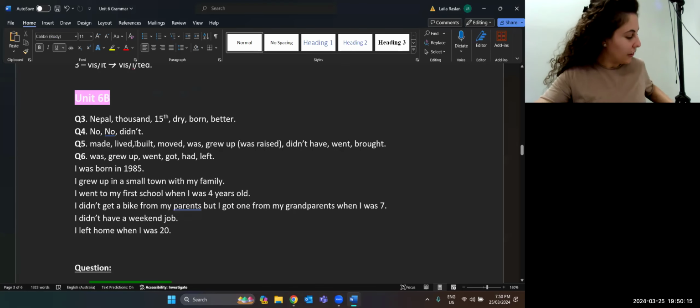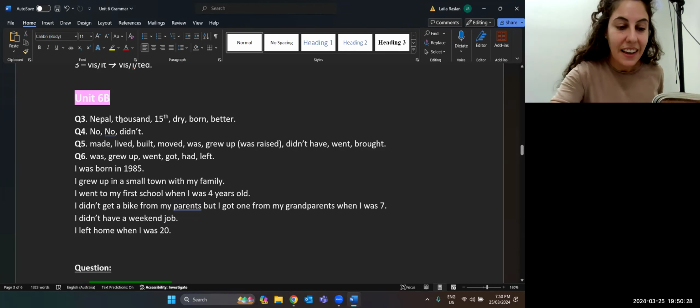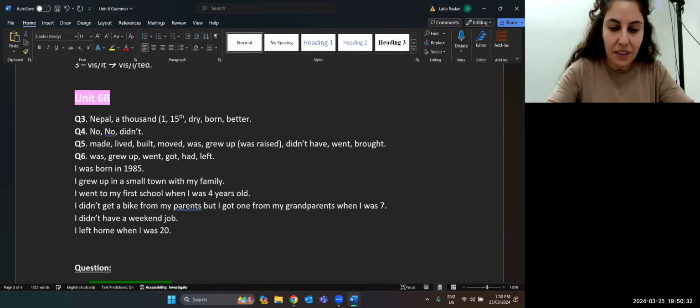Okay, so we know that this is a region in northern Nepal. Okay, so northern Nepal, next to India. Humans made the caves about 1,000 years ago, or you can write it like this, 1,000.